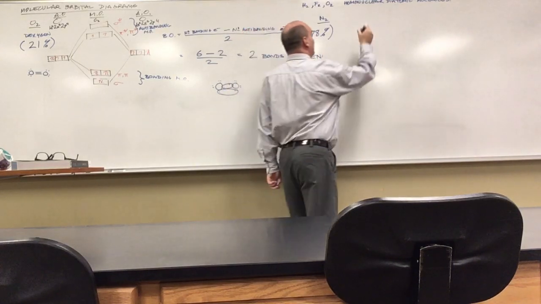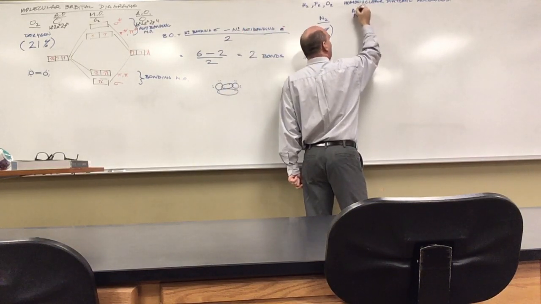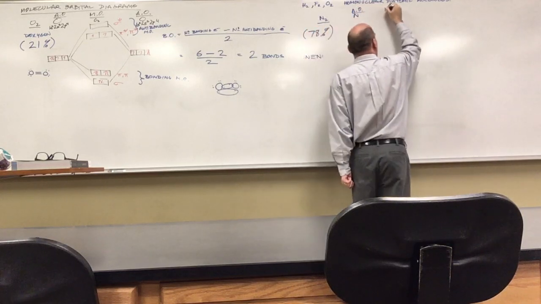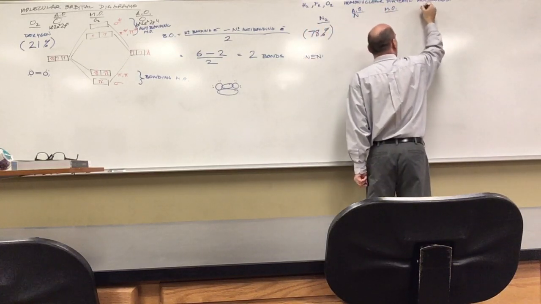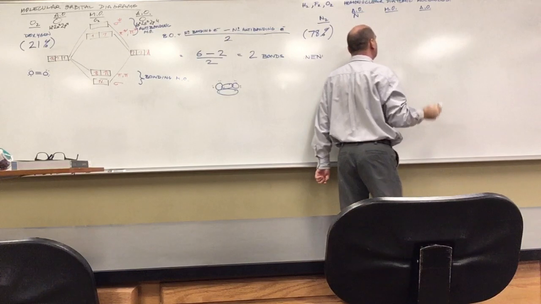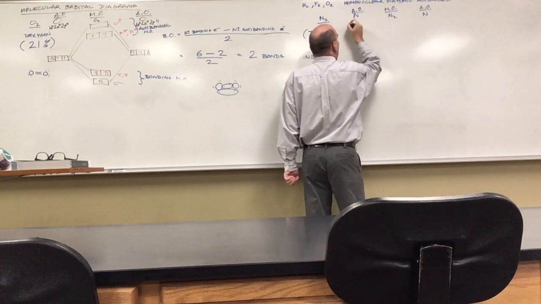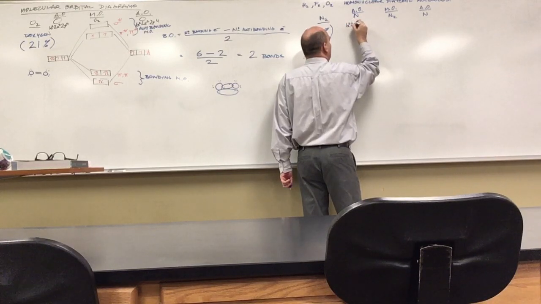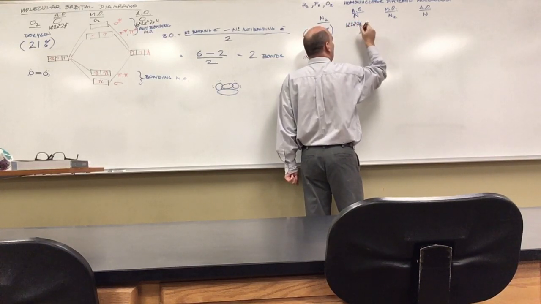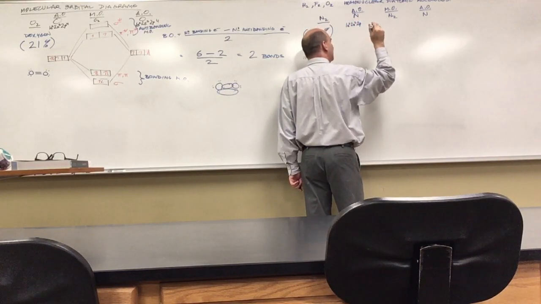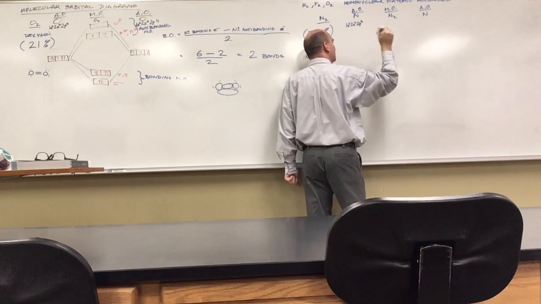And some lone pairs. Okay, here's a nitrogen. Here's our atomic orbital. Here's a molecular orbital in the middle, and an atomic orbital. N2 goes in the middle, and nitrogen is 1s2, 2s2, 2p what? 3.